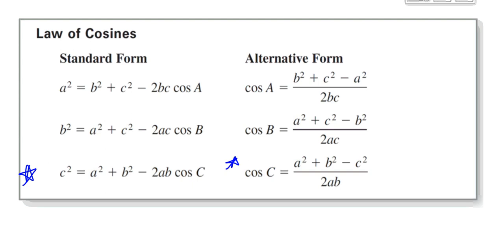The one on the left with the star is the one you would use when you have two sides and the included angle, and you're finding that other side. And the one on the right, now that has a star, is the one you would use when you know all three sides and you're finding the included angle.